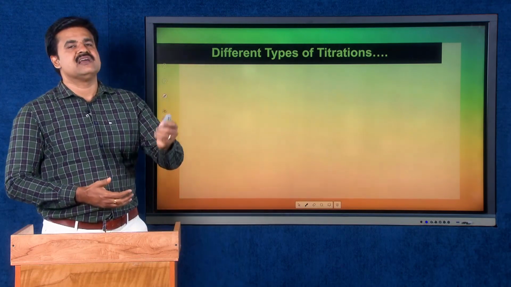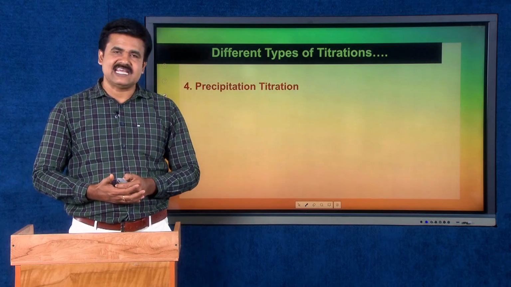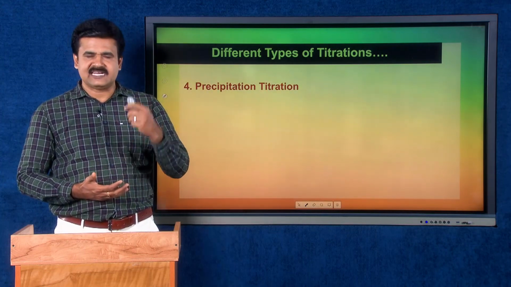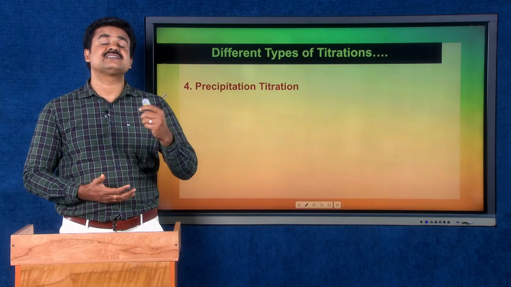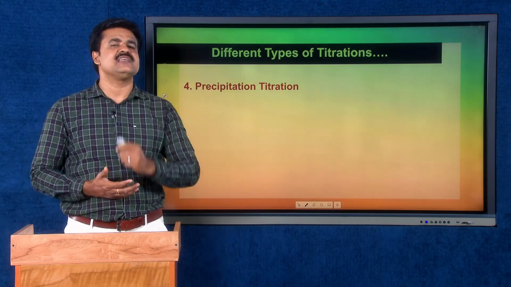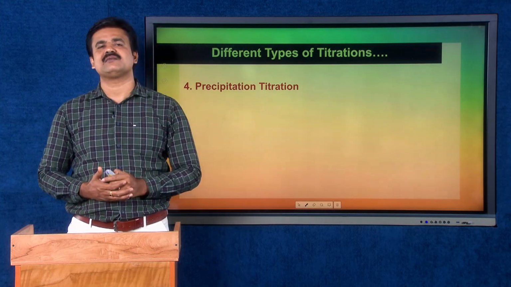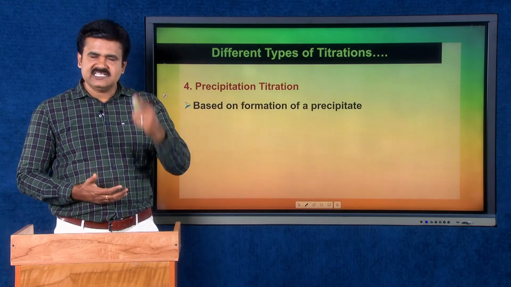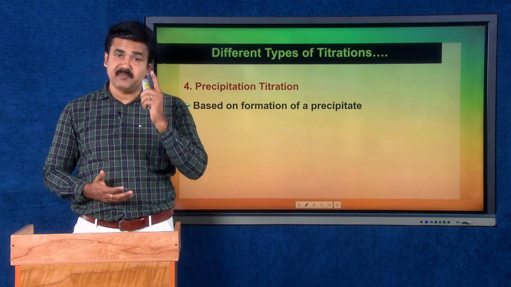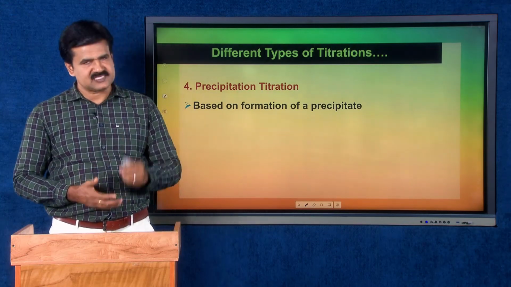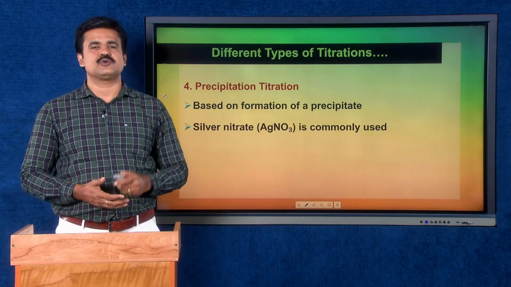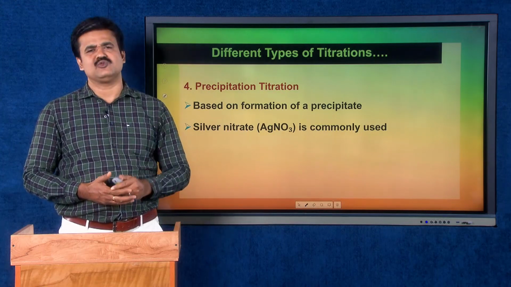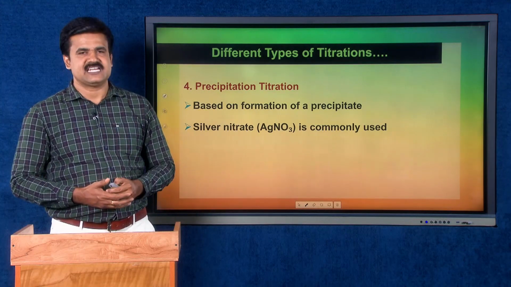Now, we are entering into the last category of titration, precipitation titration. As the name indicates, there occurs some precipitation reaction between two reagents, and this titration is based on the formation of a precipitate. Silver nitrate or AgNO3 is a commonly used reagent in precipitation titration.